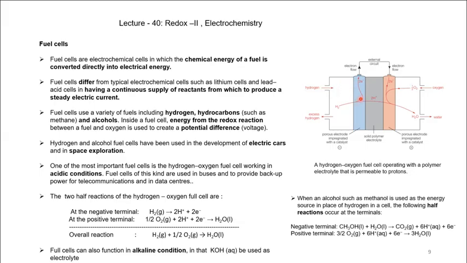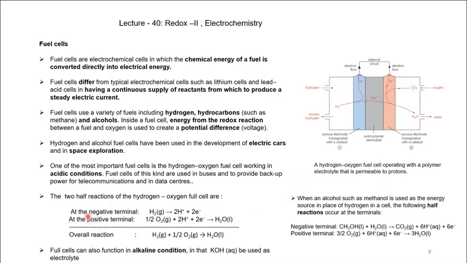The hydrogen gas reacts and we get hydrogen ions, and then electrons here. The electrons flow through the external circuit like this to another porous electrode impregnated with the catalyst. And what is the electrolyte here? Solid polymer electrolyte. So a hydrogen-oxygen fuel cell operates with a polymer electrolyte that is permeable to protons.